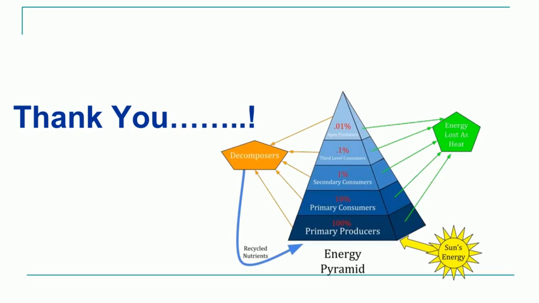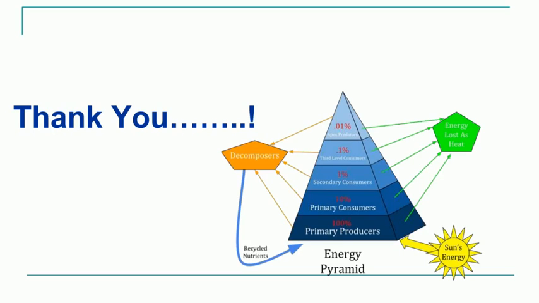So with this we conclude today's lecture. In today's lecture we have understood what ecological pyramids are, the three types of ecological pyramid, that is pyramid of number, pyramid of biomass and pyramid of energy. We studied their advantages and disadvantages.